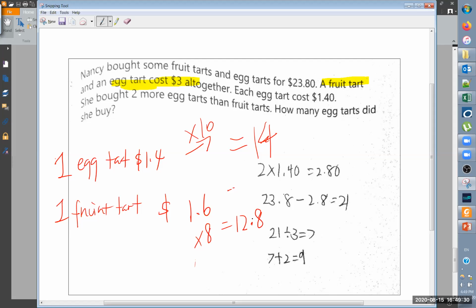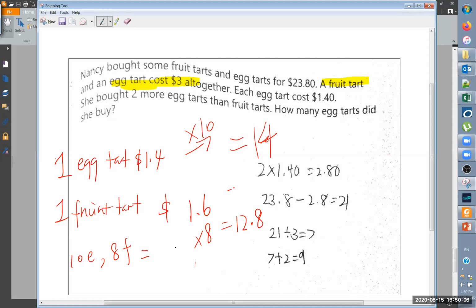So let's look at this. What's the total I need to pay, given that I have 10 egg and 8 fruit? How much do I pay for these two? $26.80.